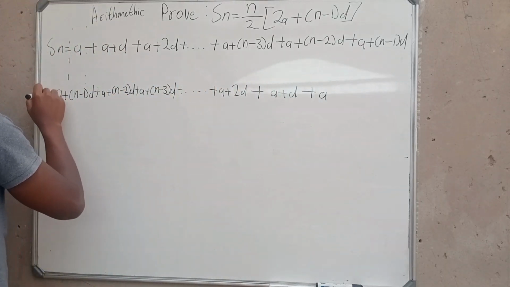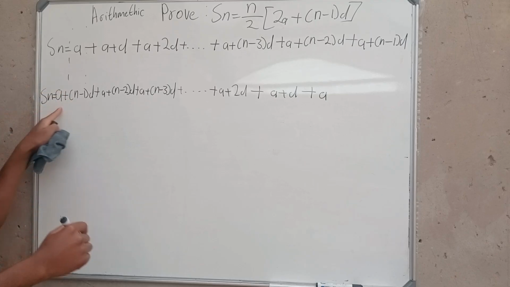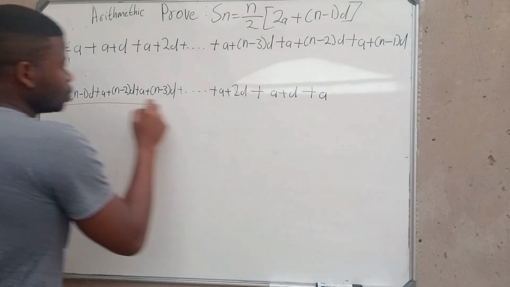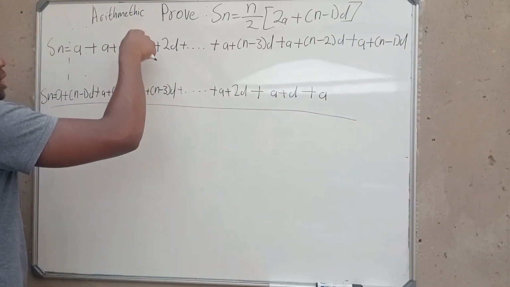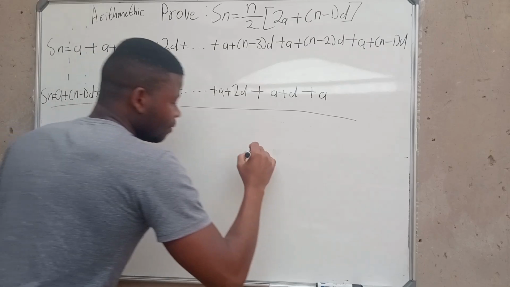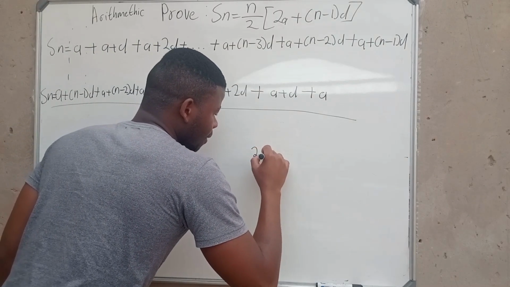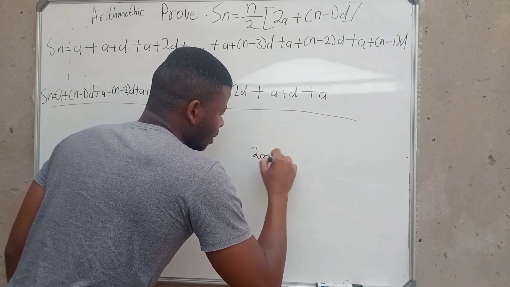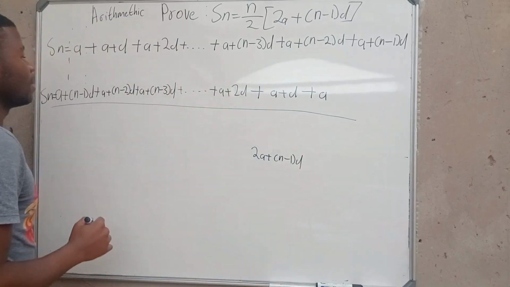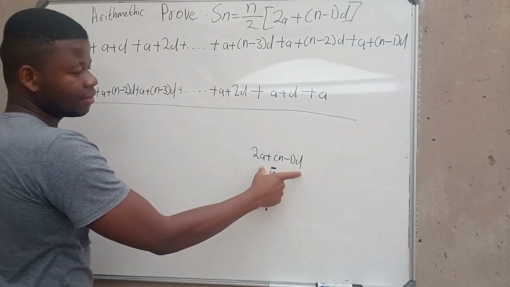So Sn is equal to these things. And then after that, you're going to add this and that. When you add this and that, it's going to give you 2a plus n minus 1d.